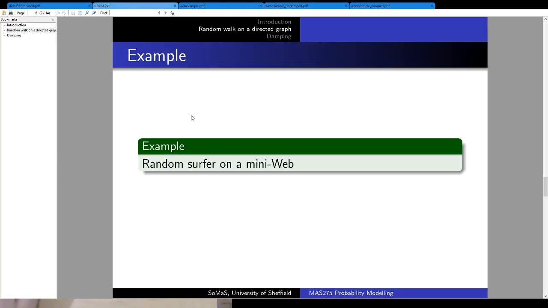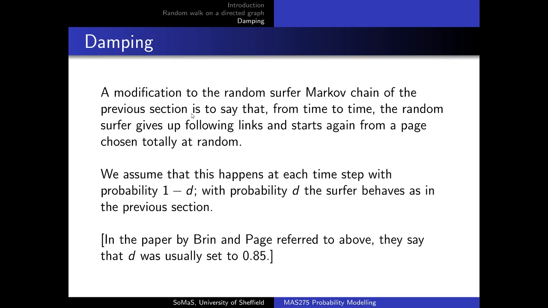That is PageRank in a nutshell. But there's actually a little bit more to say about this. We use a modification called damping. What happens, which you might or might not notice as you browse on the internet, is that at some point you get bored and you decide that you don't want to keep following hyperlinks.